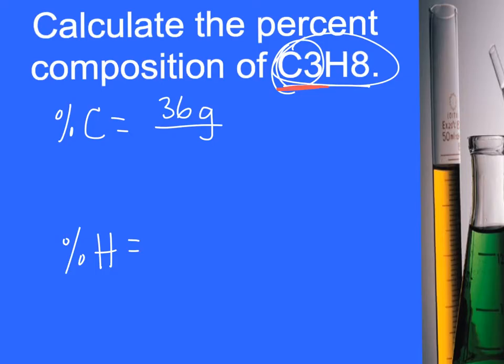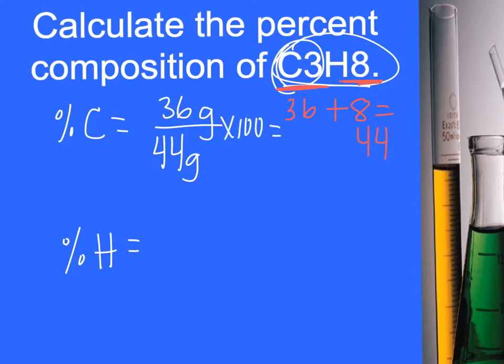Let's mark that on our paper here. We said that the C3 was 36, and let's add the 8 hydrogens to that. If I do my math right, 36 plus 8 is 44, right? So then that goes on the bottom here, 44 grams. And then you're going to multiply by 100 to get that into the percent form.